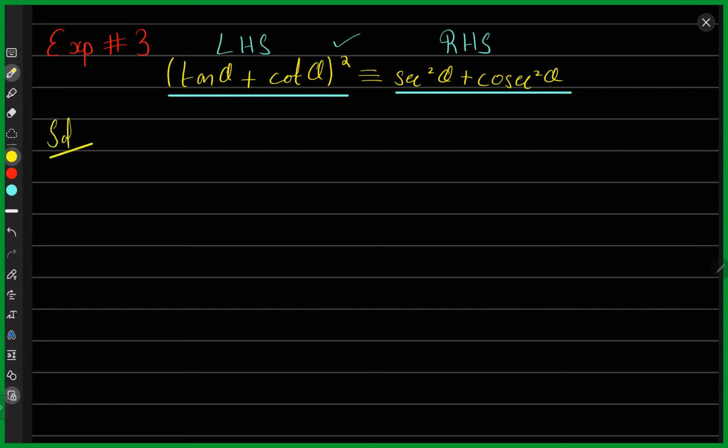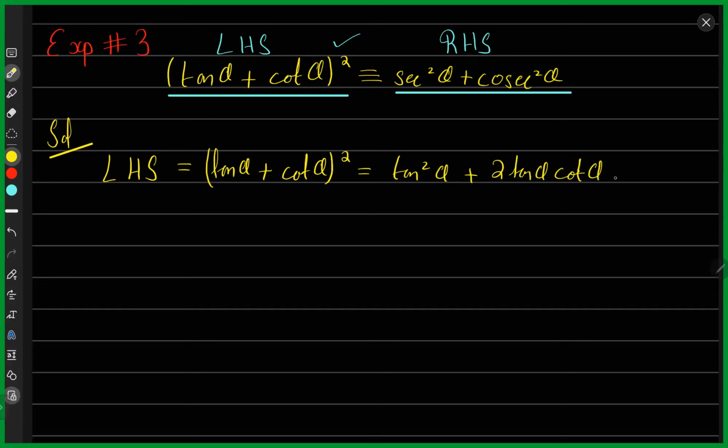Solution. The left hand side is tan theta plus cot theta squared. That is equal to tan square theta plus 2 into tan theta cot theta plus cot square theta.